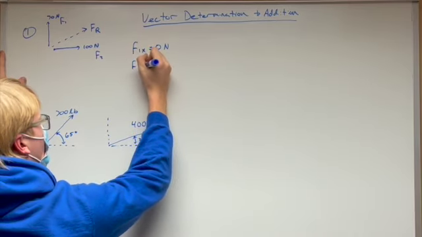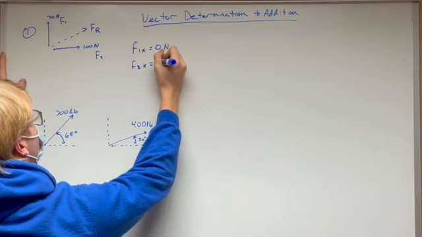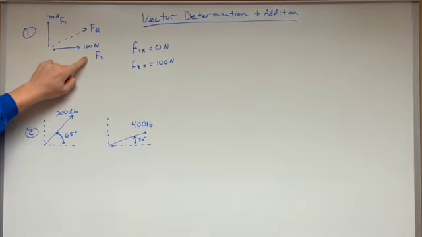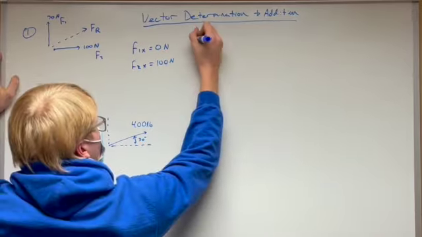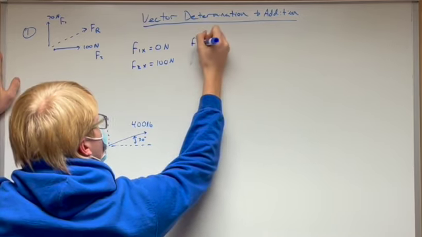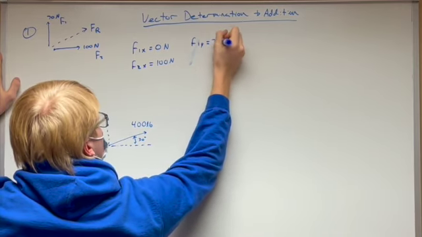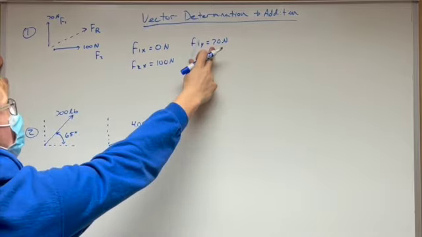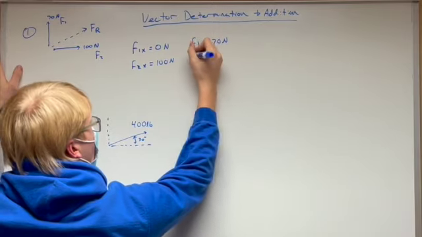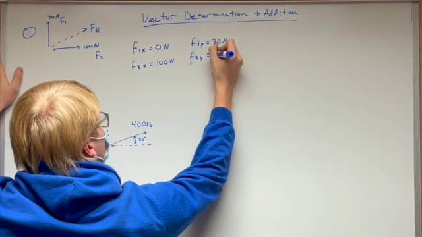And the F2 of x is 100 because that's all it's going, is in that direction. F1y is 70 newtons, obviously, because if you add those together you're going to get 70 and it's going straight up. And F2 of y is 0.